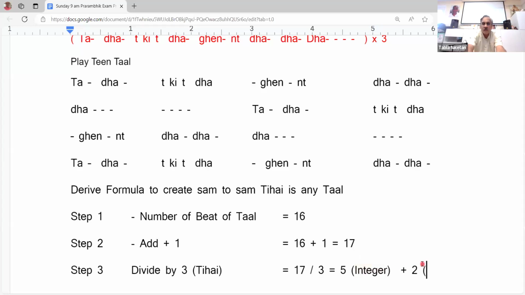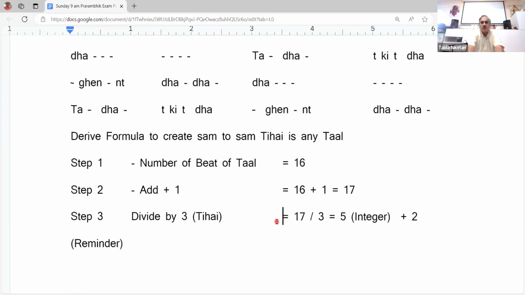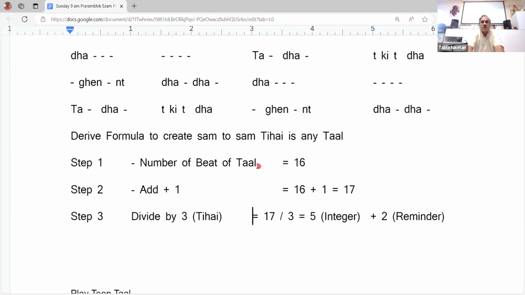Everybody is understanding so far? So far these two numbers are important, 5 and 2. Now let's talk about step number 4.